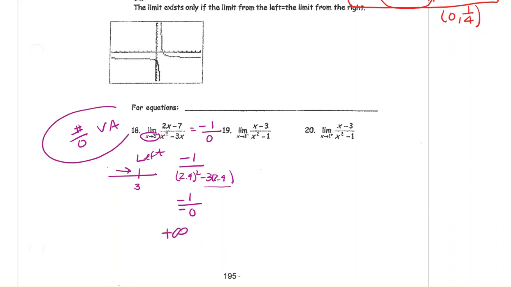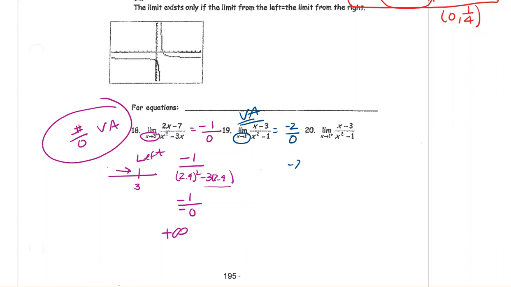It's a vertical asymptote. So what happens around a vertical asymptote is always infinity or negative infinity. Okay? And same idea here. This says approaches 1. So I first plug in my number. I get -2/0. That means I have a vertical asymptote. Once I know I have a vertical asymptote, in this case, 1 from the left.